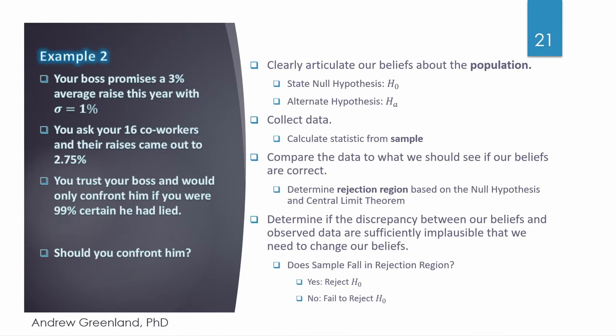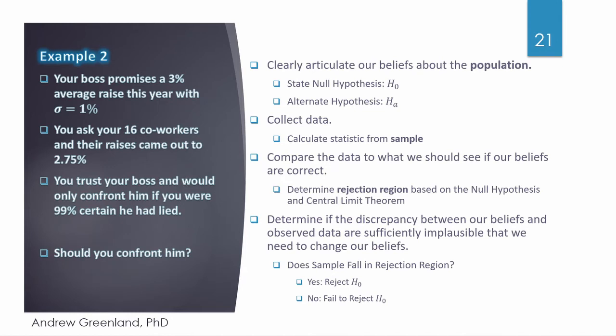And so what we're going to do here is walk through the same steps. We're going to clearly articulate our beliefs about the population by stating a null and an alternate hypothesis. We're going to use the sample information we've collected from the 16 coworkers. We are going to use the central limit theorem to determine what set of sample averages we could have seen just out of sheer chance that would have been consistent with what your boss promised.